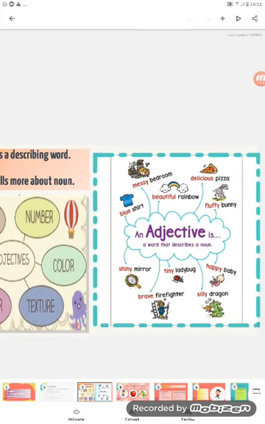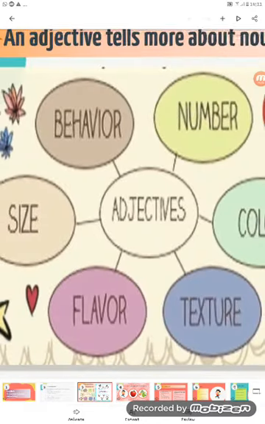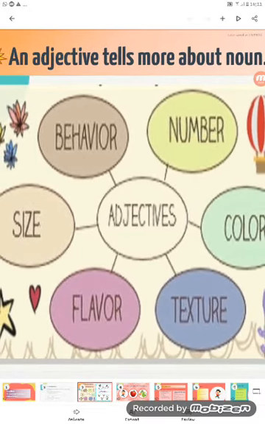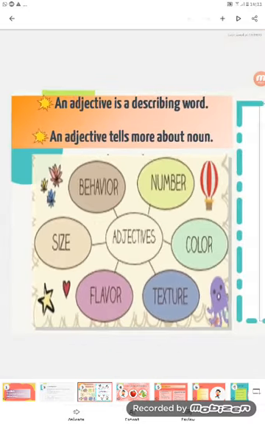A fluffy bunny, a happy baby, a silly dragon, tiny ladybug. Tiny here tells the size of the noun. So the words that are used to describe the size, behavior, number, color, texture, flavor of a noun are called adjectives, the describing words.